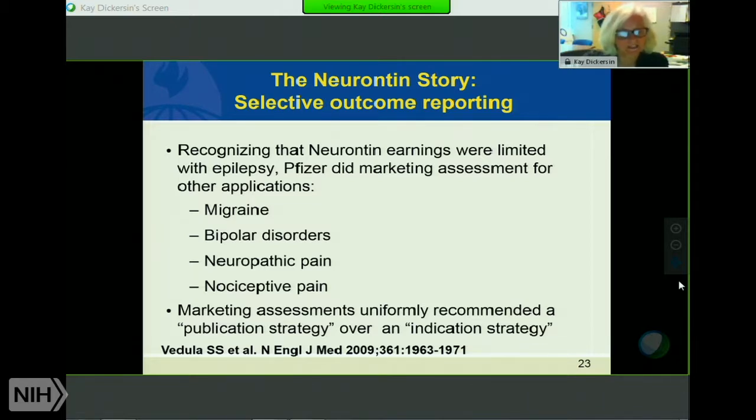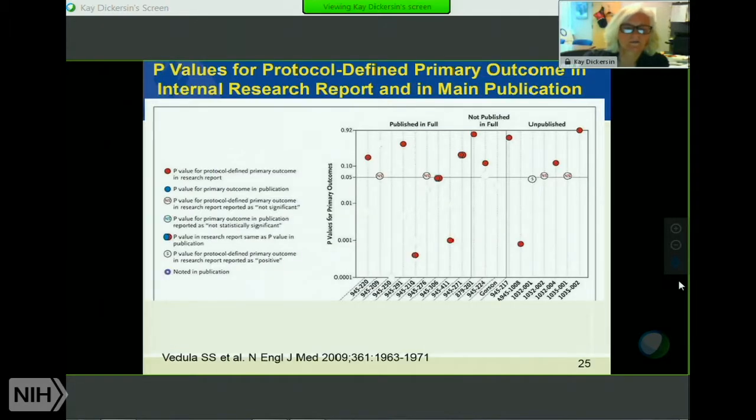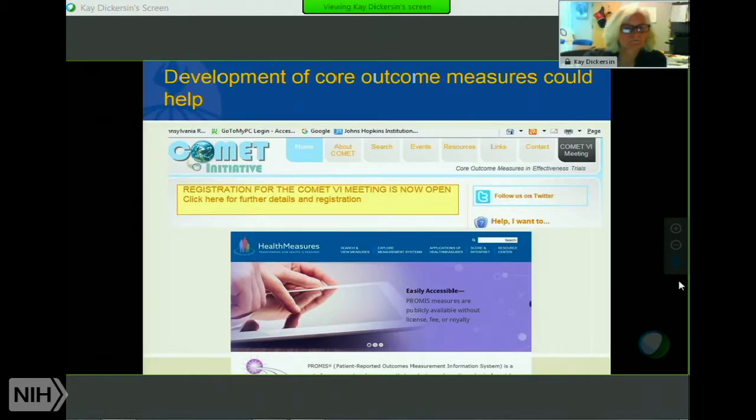There was a case of selective outcome reporting then, and also some cases of publication bias. So this paper has a lot of meat to it, and it might be worth reading if this is an interest of yours. I'm going to skip through these slides, but the data are out there.